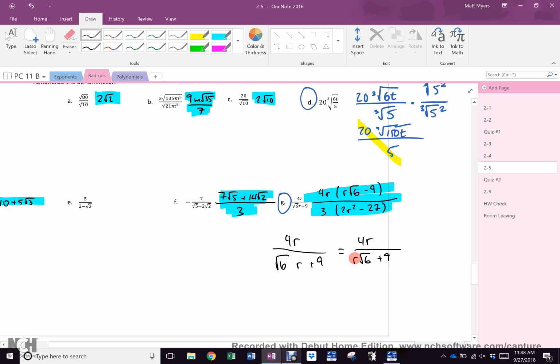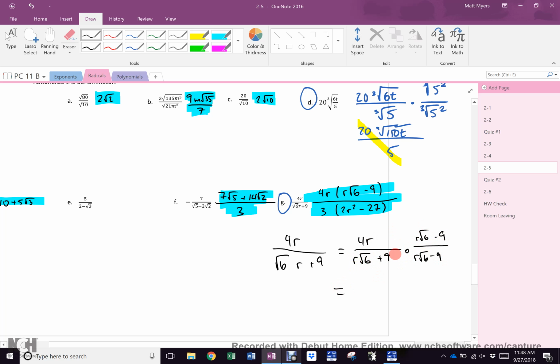Because you're used to seeing a coefficient in front, aren't you? And a coefficient just multiplies, yes? So now it becomes really easy. We multiply by the conjugate, r root 6 minus 9, r root 6 minus 9. Then I just do the math, right?